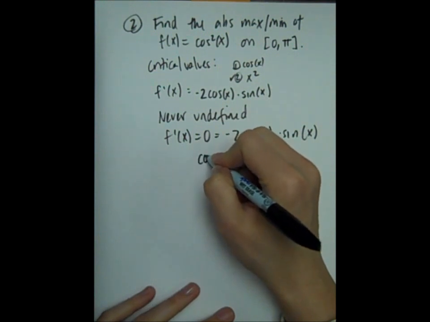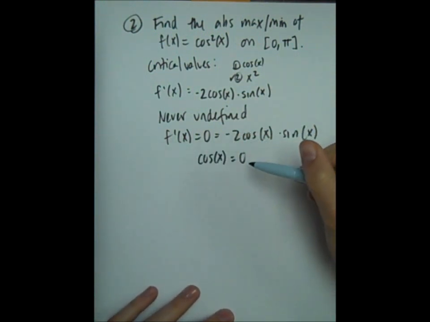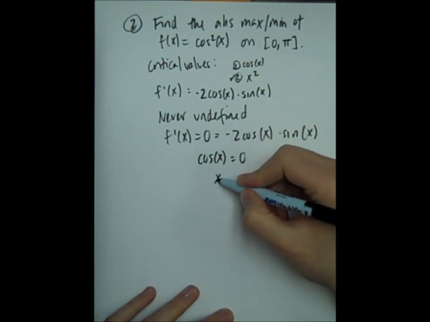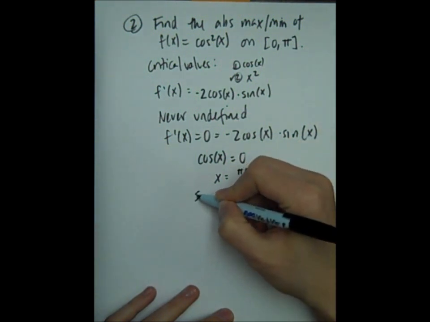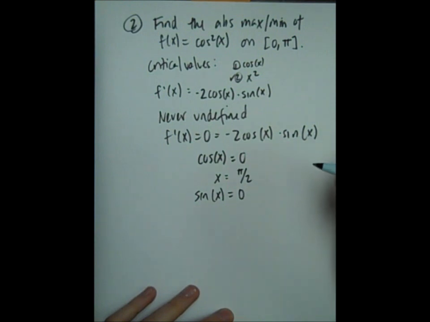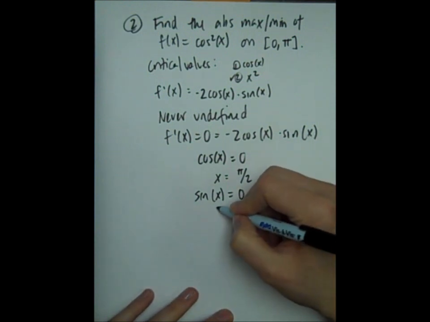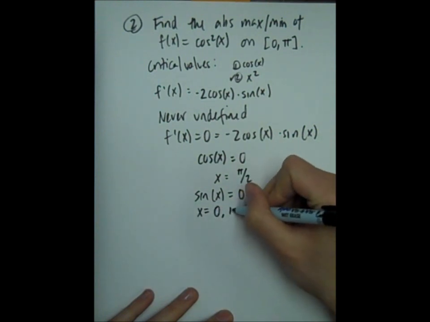So let's first look at cosine x. Between 0 and pi, when is cosine x equal to 0? That would be when x is pi over 2. Next, when is sine of x equal to 0? That's going to be at 0, so x equals 0, and pi.